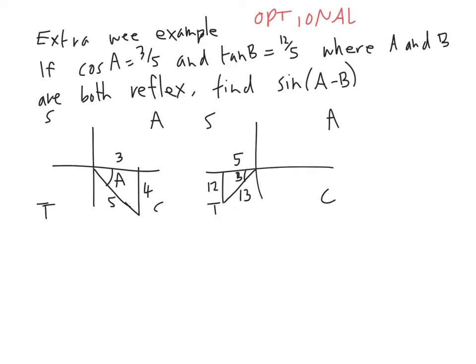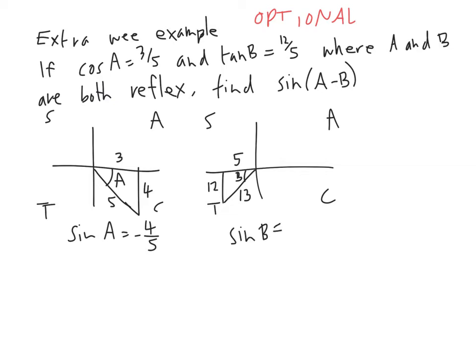So we know what cos A is. Sine A is going to equal the opposite, 4 over hypotenuse 5, and sine is negative in that quadrant. Tan we will not need. I'll show you why in a second. The next one, we've got what tan B is. I want to know what sine B is.